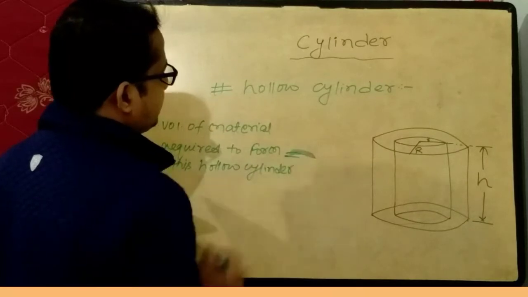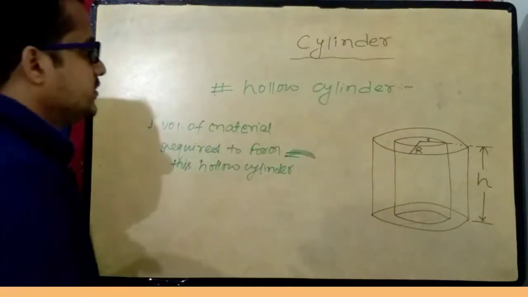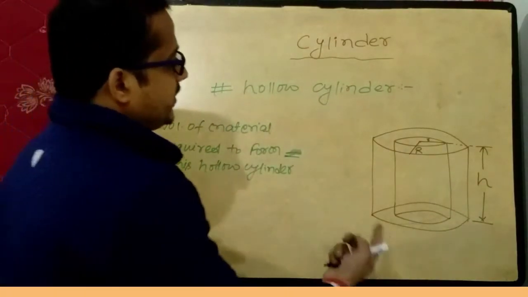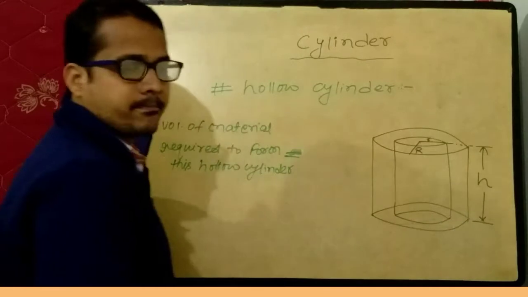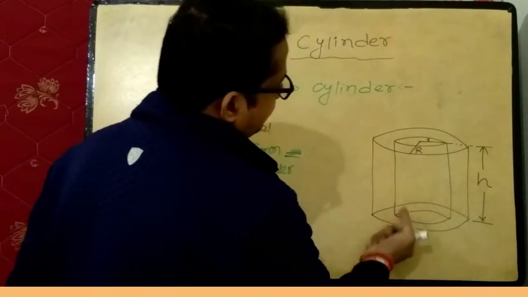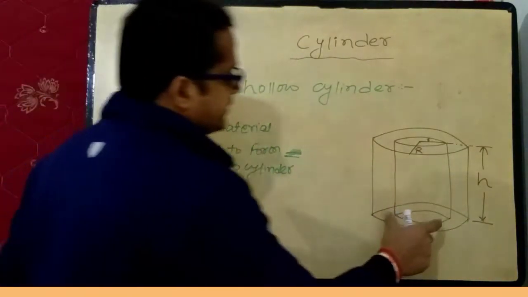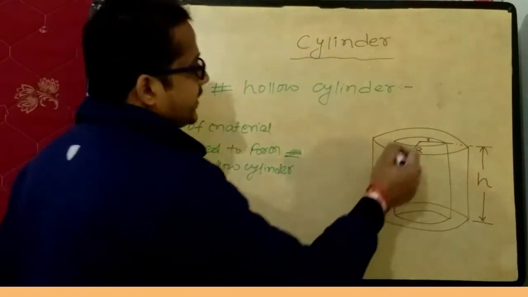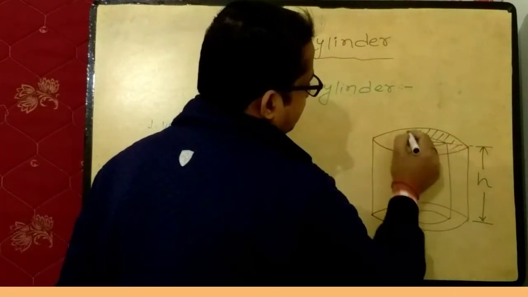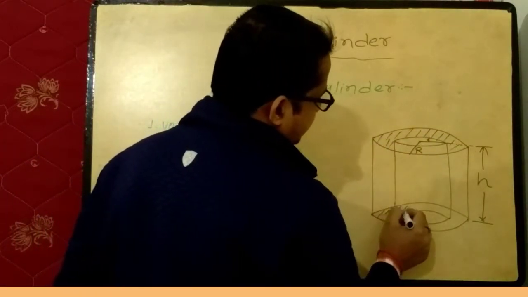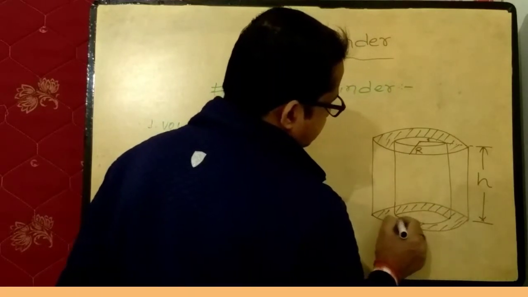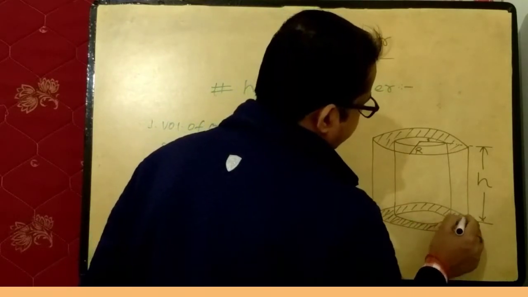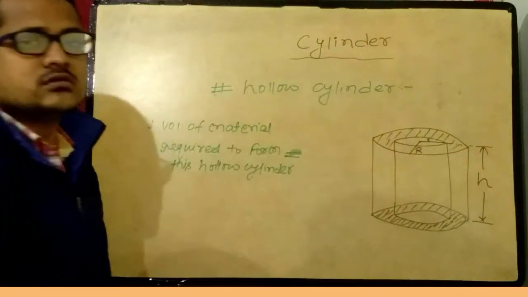Now, in order to calculate the volume of material required to construct or form this cylinder, simply calculate the volume of the outer cylinder, secondly calculate the volume of the inner cylinder, and subtract the inner cylinder volume from the outer cylinder volume. You will get the volume of the rest portion of the cylinder, and this is the material required to form this hollow cylinder.